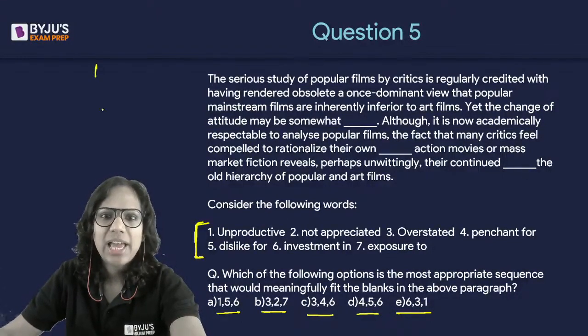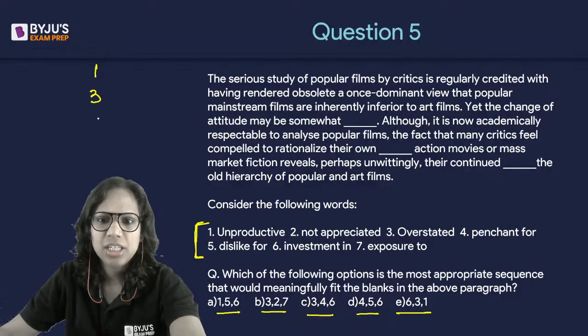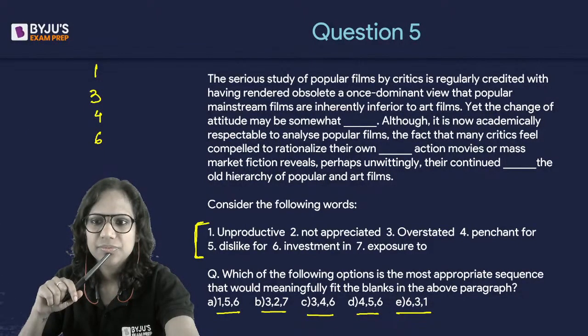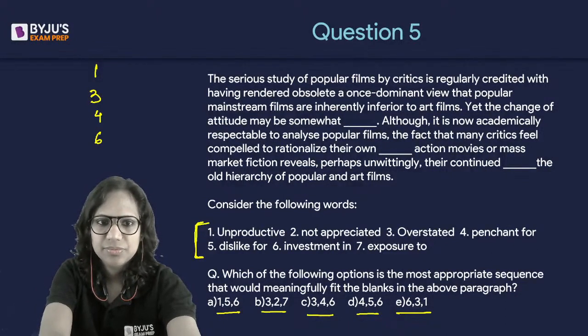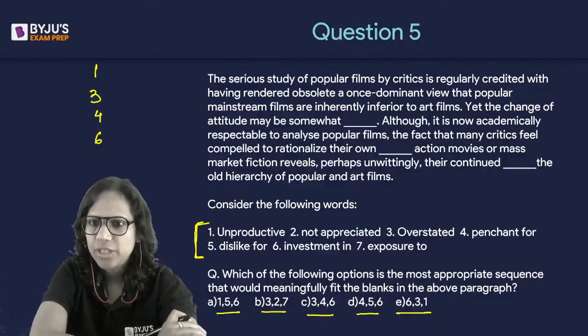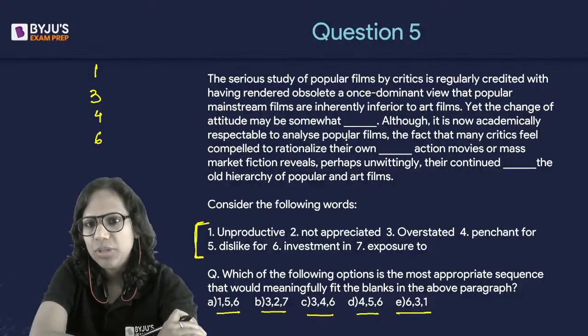Analyze that in the first blank, which option, which word fits? 1, 3, 4, or 6? Kritika says it should be 3, 4, 6, which is C. All right. Ujjwal also said C. Prateek thinks it should be A.